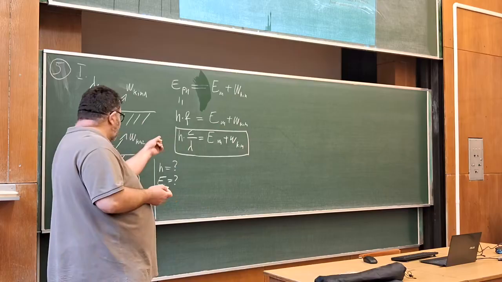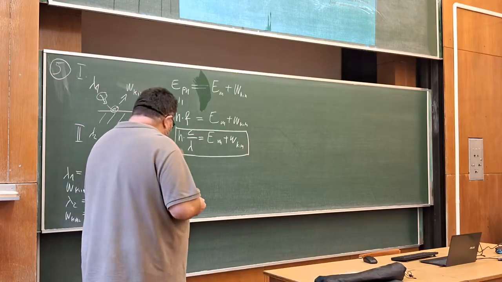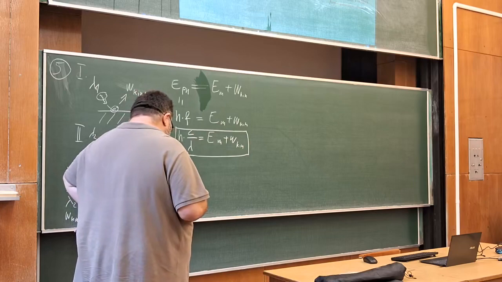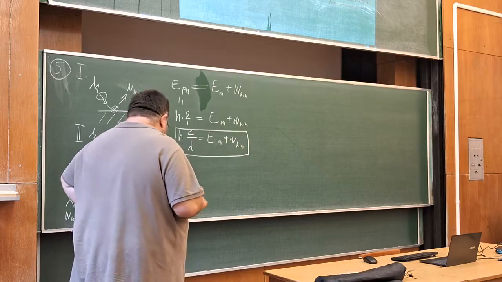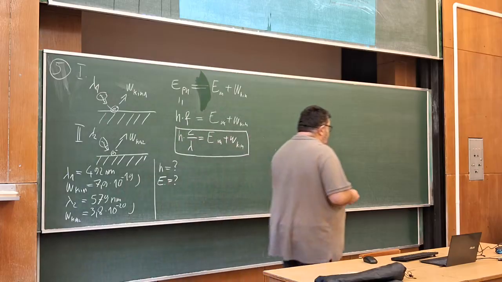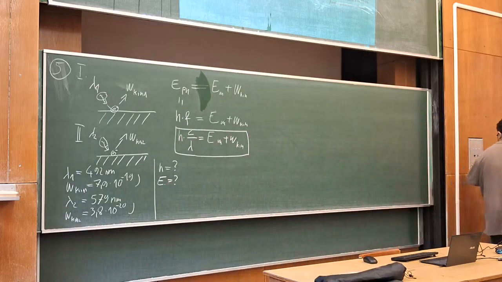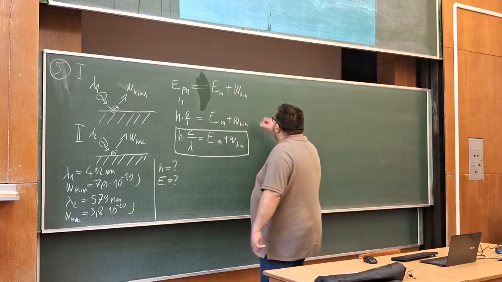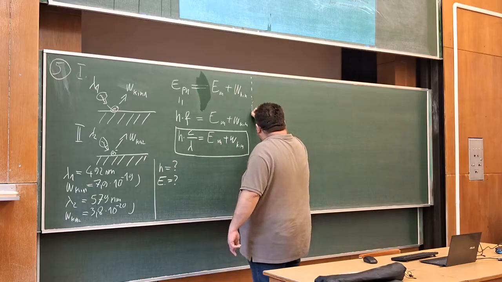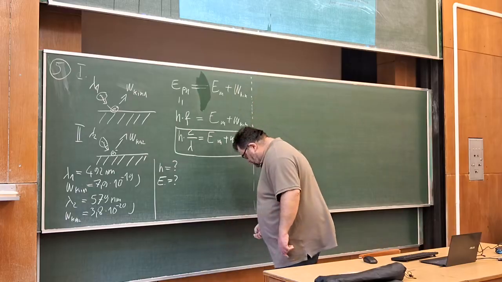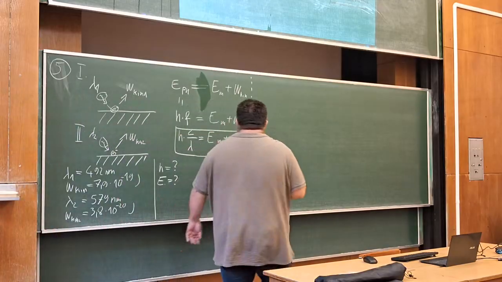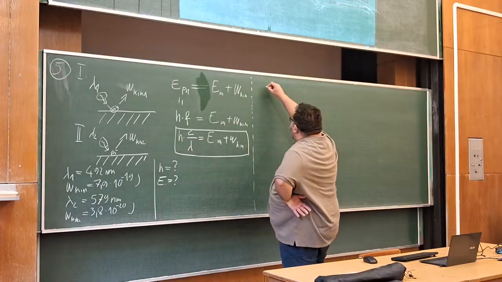We know lambda, the wavelength, and the speed of light. We have the Planck constant.